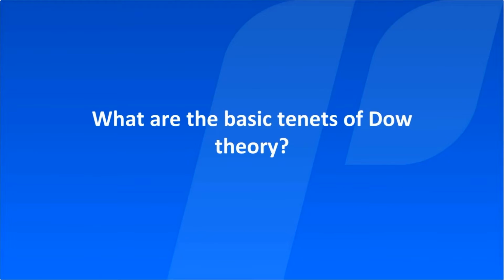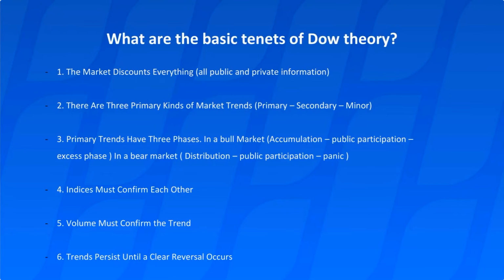Okay. So what are the basic tenets of Dow theory? As we mentioned, there are 6 tenets of Dow theory. He never wrote the basic tenets himself. However, he passed away, and all he left was some thoughts and editorials in the Wall Street Journal.